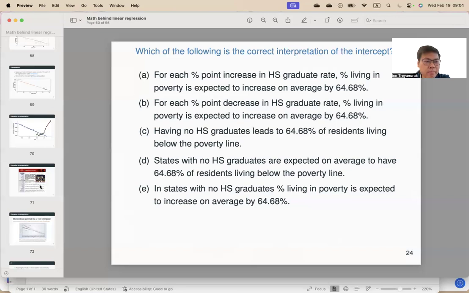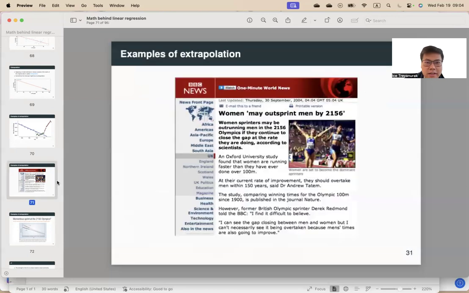There's some contextual information and some examples of use that we can discuss now. For example, extrapolation. We have this news article talking about how women will outsprint men by 2156. That is someone using a regression correlating the speed of women with the speed of men, coming up with a graph and then saying, oh, you know what?